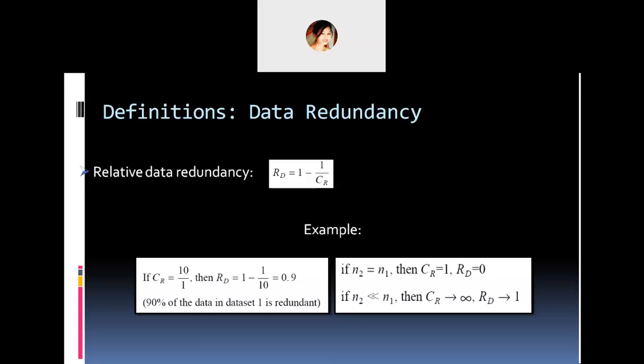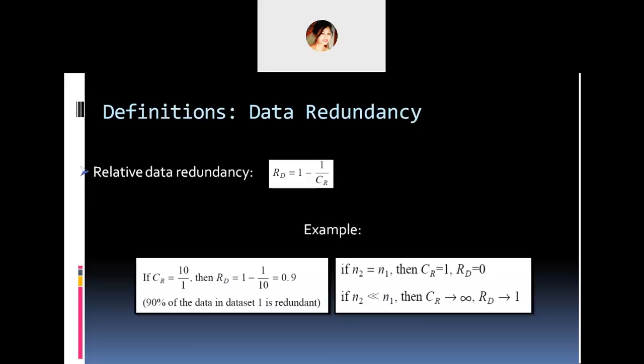Actually, redundant, in layman's language, means useless, that is, useless information. So data redundancy is data that is redundant, that is no longer in use, no longer useful.